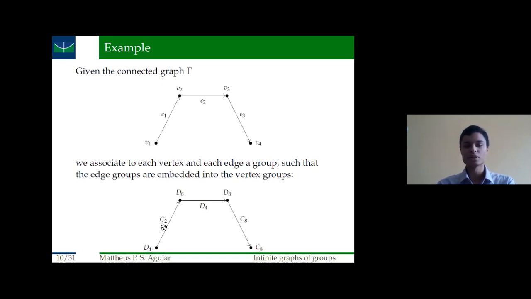To this edge, we associate the cyclic group of order 2. And to these, we associate the dihedral group D8. And we note that, for example, D4 is actually D8 quotiented by the center. And in each of these, we can embed the edge groups into the vertex groups.